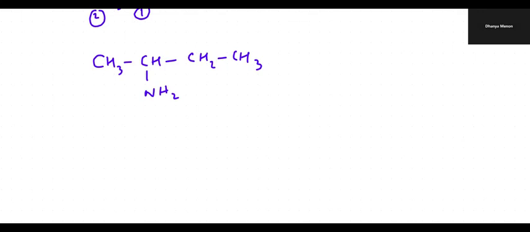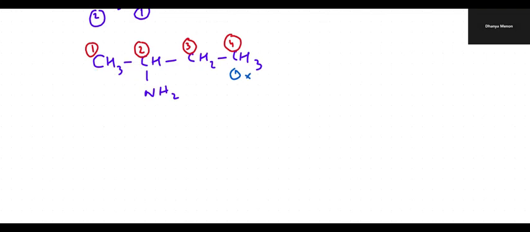So starting to number the chain, this carbon atom is given number 1 because it is near the functional group. 2, 3, 4. I cannot number from this side because then the functional group NH2 will get the 3rd position. So I don't use this numbering.